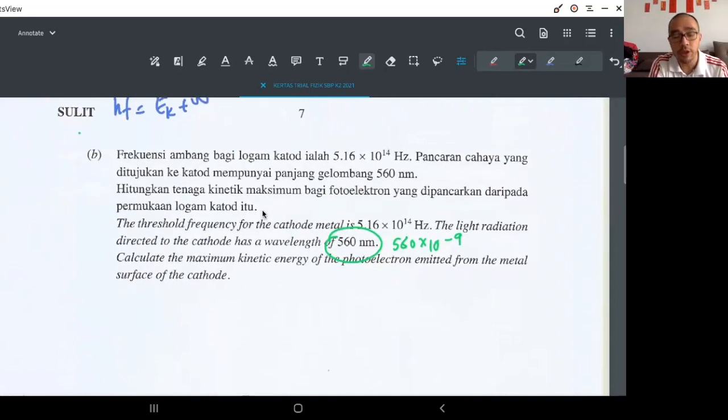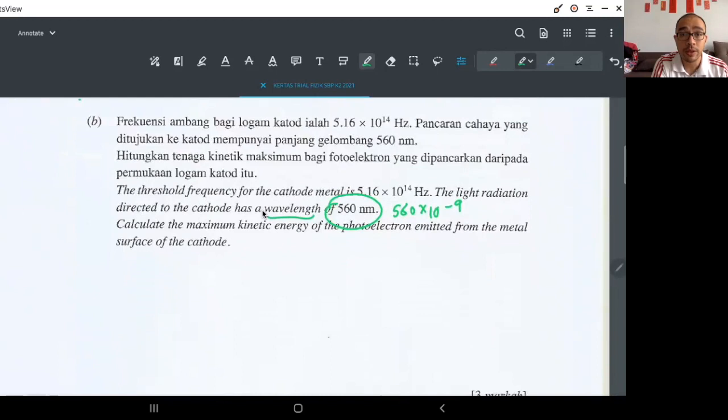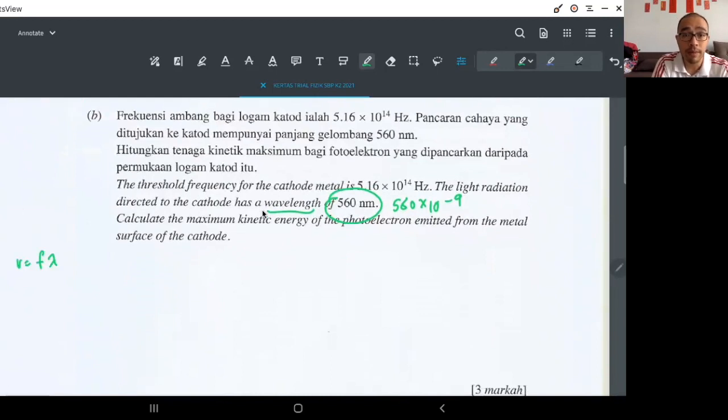So first of all, you need to calculate the frequency. When you calculate the frequency, it will be v equals f lambda. The speed of light is always 3 times 10 to the power 8, equals f, times 560 times 10 to the power negative 9.